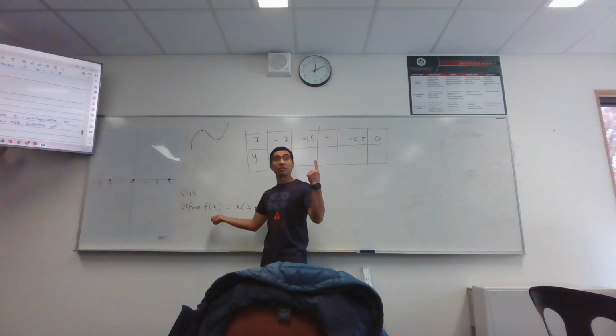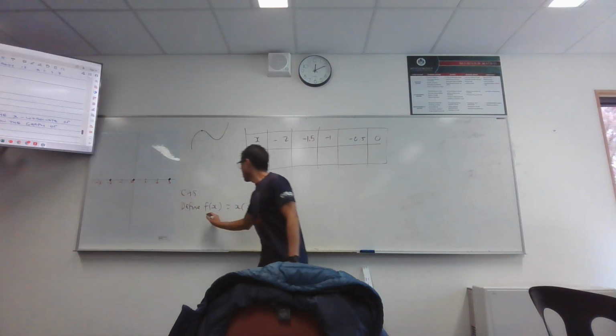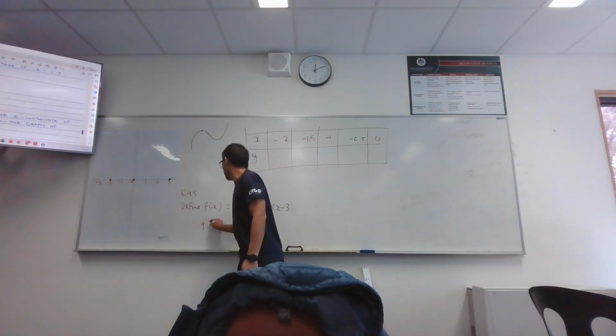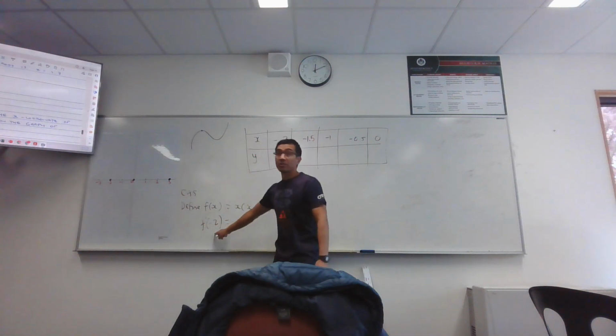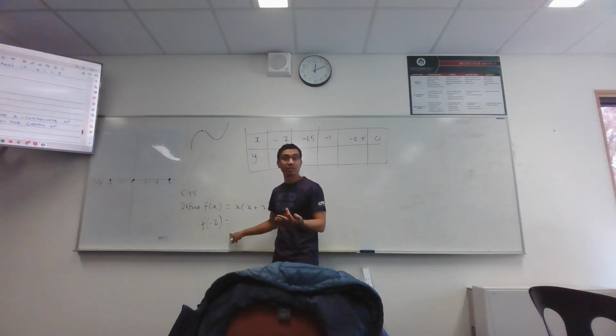What's the biggest benefit? If we're going to make a whole lot of calculations, it's quick. You just punch it in. So if I were to find -2, on the next line type in f of -2. You only have to type three things on your CAS, and it'll give you an answer.